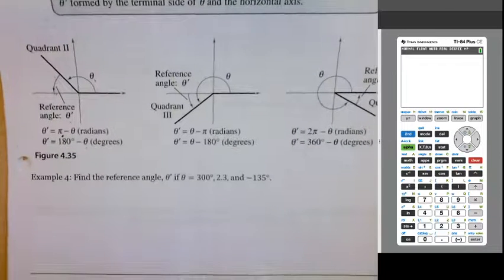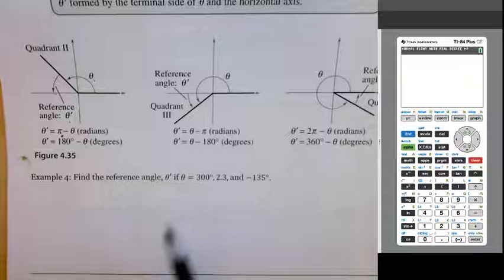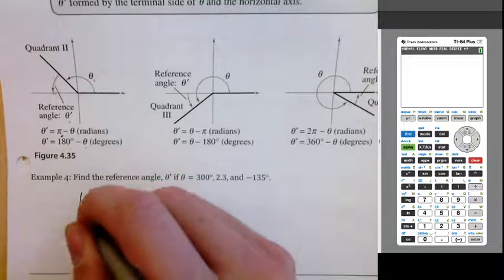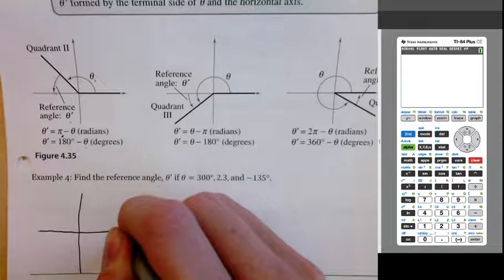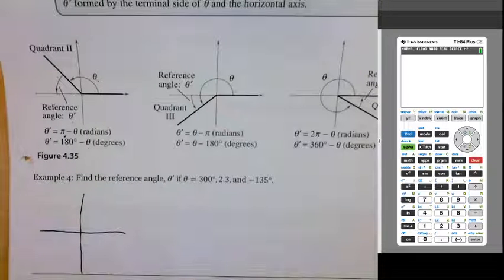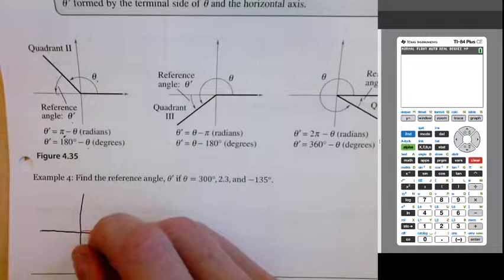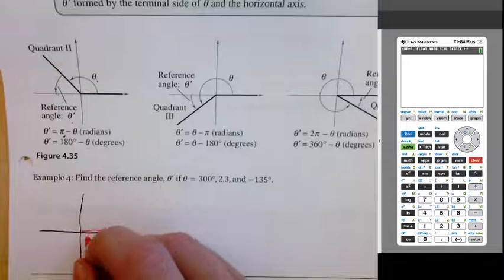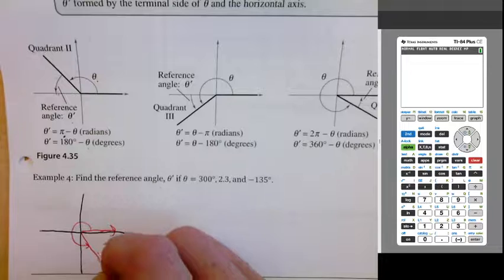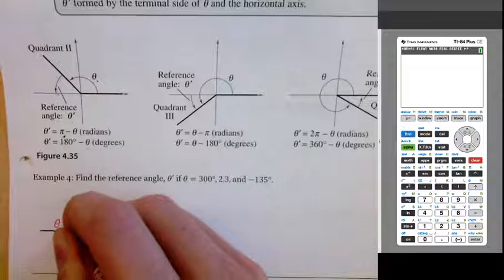So let's try this example. Find the reference angle theta prime if theta equals 300 degrees. All right. So I'm going to start by doing a sketch of 300 degrees. Not going to be perfect, but my initial side is here. Okay. 300 degrees is going to be right about here. All right. That's theta equaling 300 degrees.